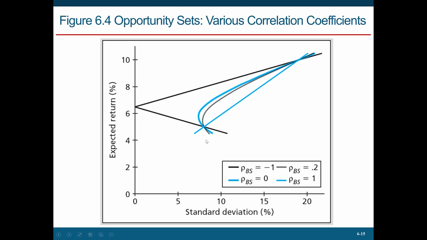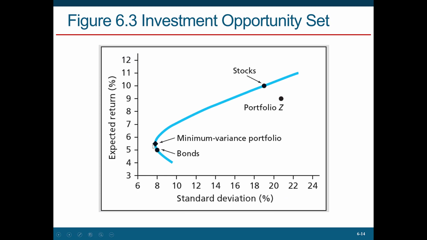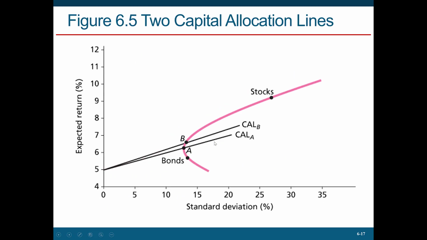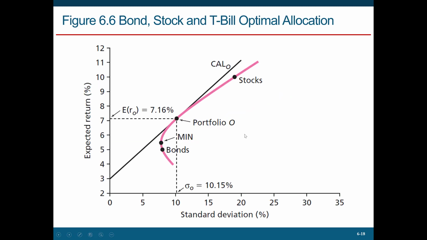So not only have we discarded these portfolios on the lower part of the curve, once we bring back the risk-free asset into our analysis and try to find that steepest capital allocation line, we find that we actually have a single portfolio that is better than everything else that is available, right?